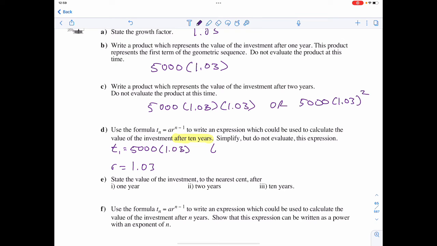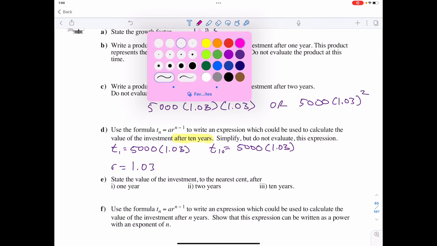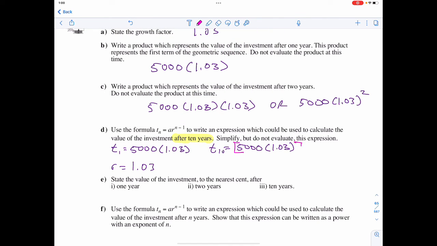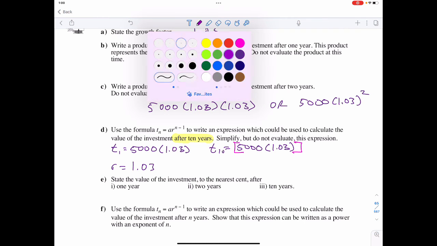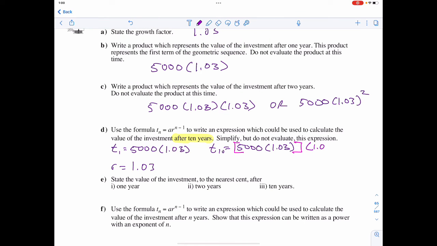which means that my term value for term 10 would be the same as that 5,000 times 1.03 for my first year, and I'm going to multiply that by the common ratio of 1.03 to the power of 10 minus 1 for the other changes.